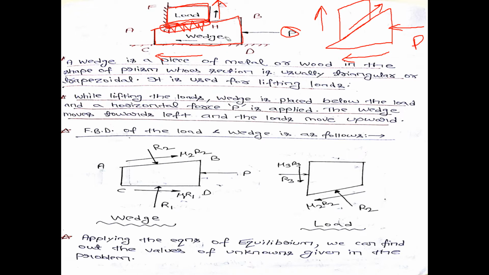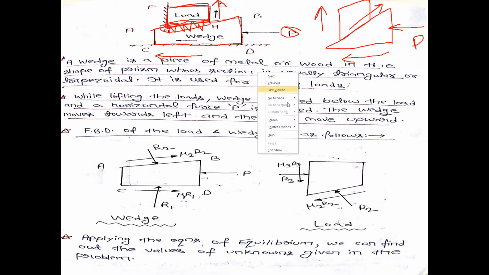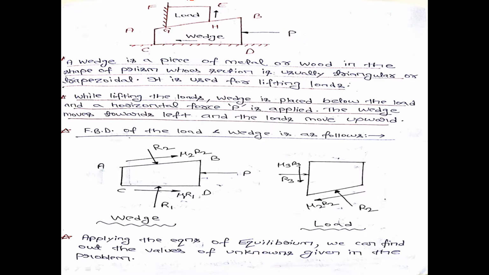Okay, so if we do the analysis of this wedge friction, let us draw the free body diagram of this particular problem. Now, by looking at this diagram, I can clearly say that I have two objects. One is the wedge and the second one is the load.